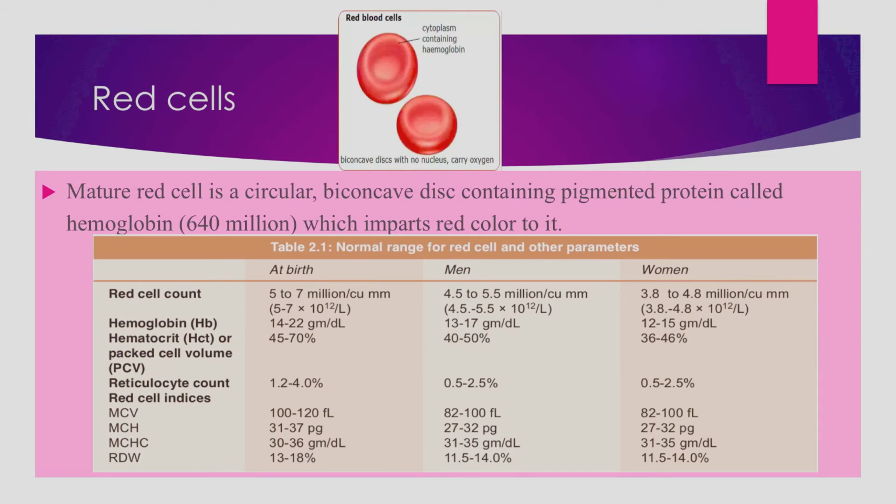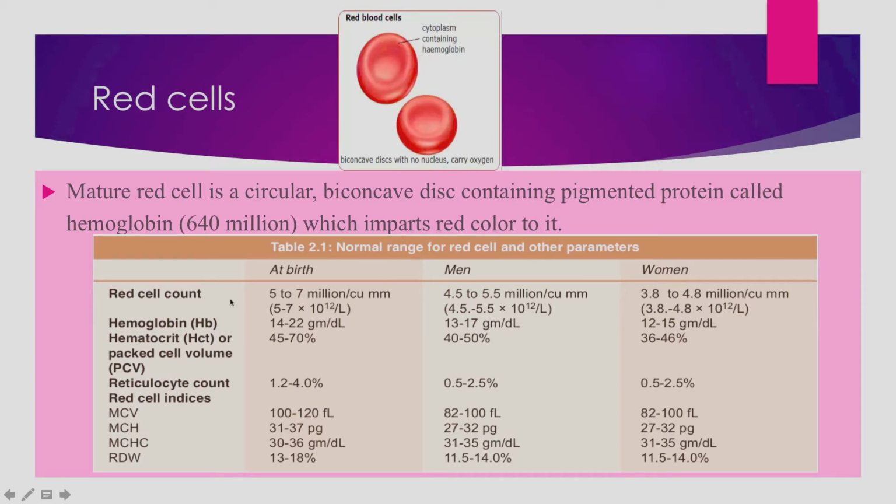So let us talk about the red cells. The red cells are circular, biconcave disc-like structures, and they contain a red pigmented protein called hemoglobin. In one RBC there are about 640 million hemoglobin molecules, and these red hemoglobin molecules give the red color to the RBC.